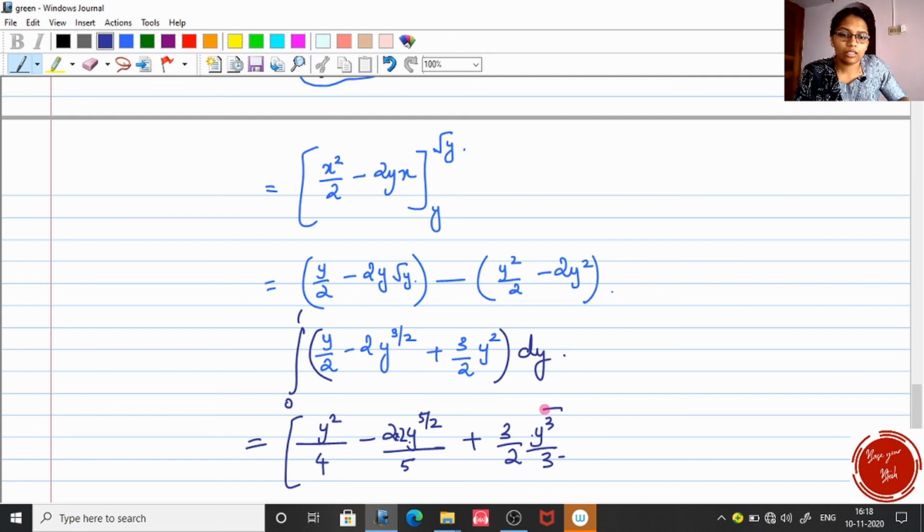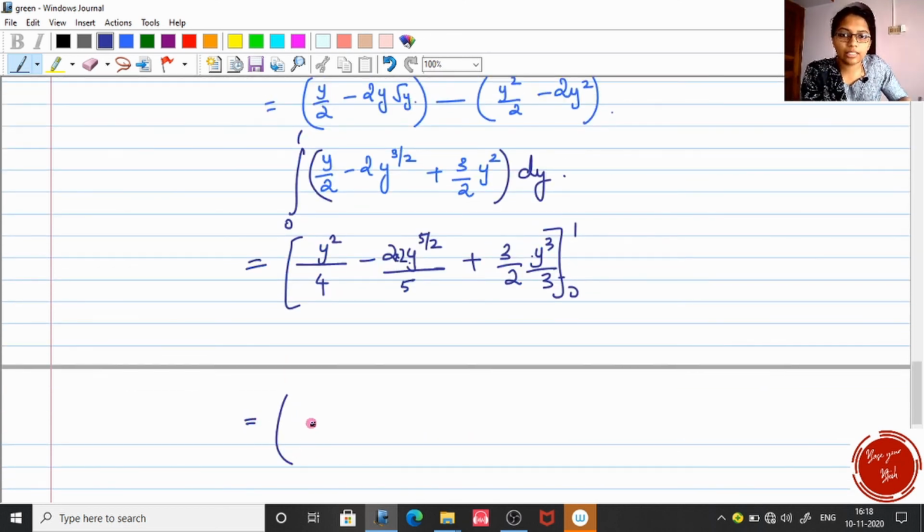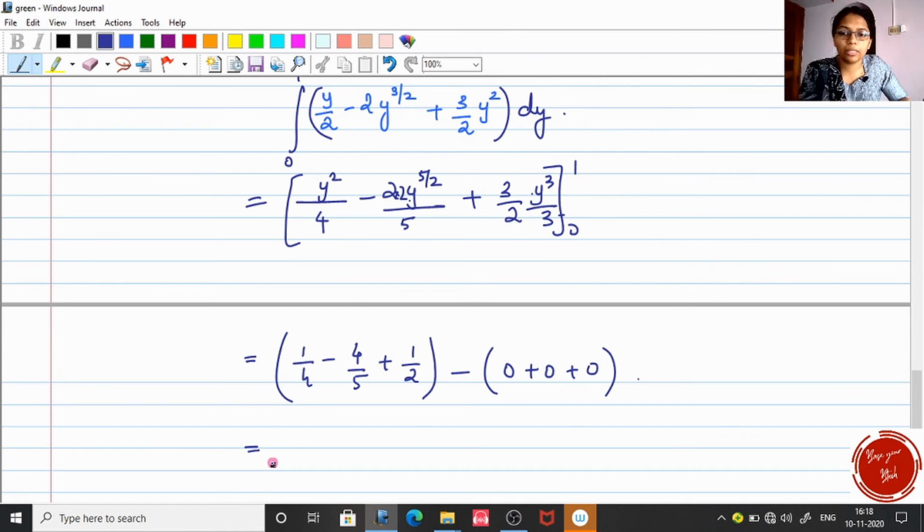Okay, let's put the limits 0 to 1. Here you can see the upper limit is 1 by 4 minus 4 by 5 plus 3 cut, it becomes 1 by 2, and the lower limit is simply zeros. Solving, you get what we expect. We have to get negative 1 by 20. Let's see. Yes, its value is negative 1 by 20, which is your RHS.